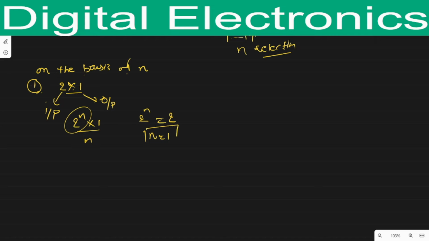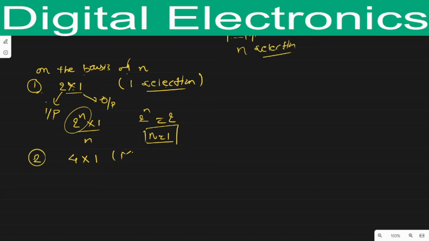It means that in 2 cross 1 multiplexer only one selection line is there. Clear?